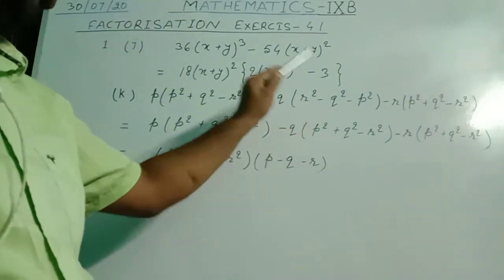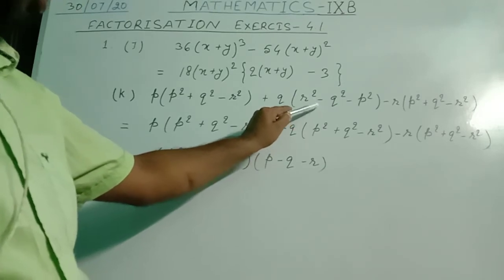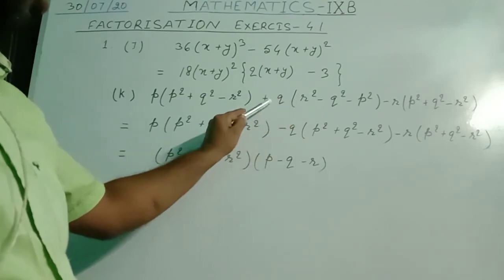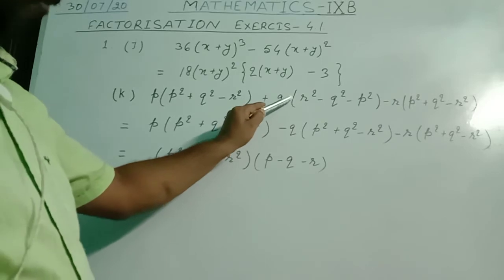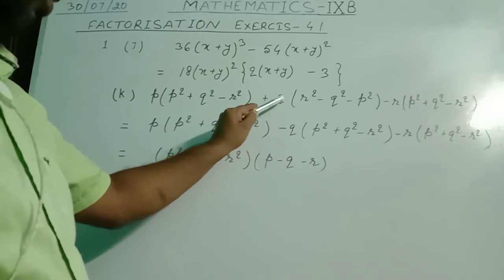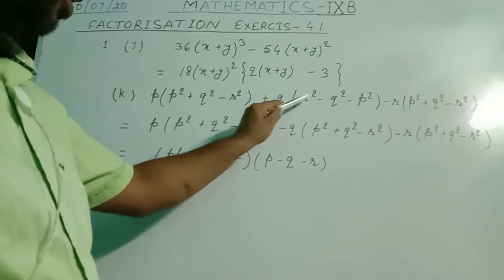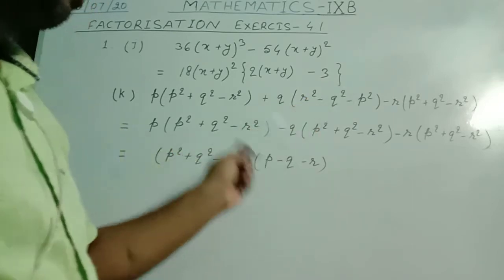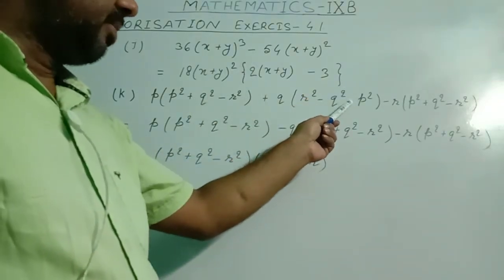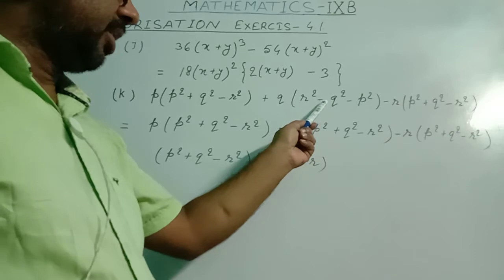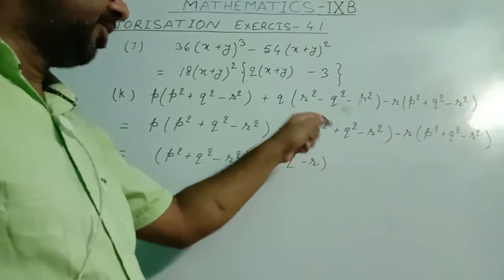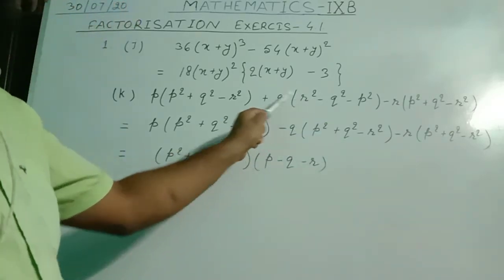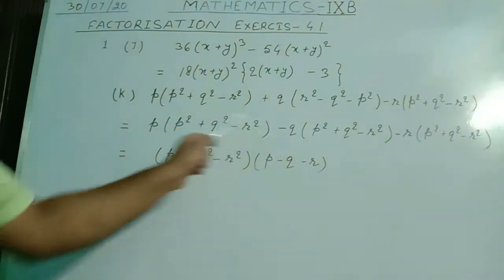Let us think about this term. If we take minus out, then the terms which have a minus sign will be changed into plus, and those which have a plus sign will be changed into minus, after taking minus as common.